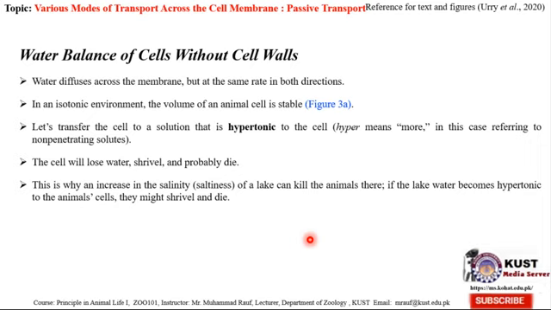Therefore, the organisms living in marine environments have evolved different mechanisms through which they can get rid of excess salts coming into their bodies with water. And the marine invertebrates are in fact osmoconformers. They don't care about maintaining a proper level of water and ions inside the cell. They are isotonic with the surrounding environment.